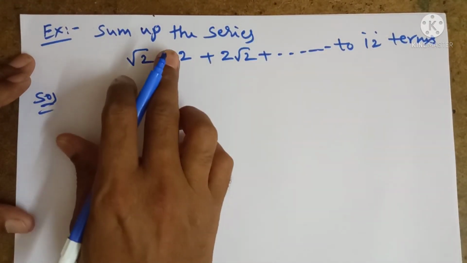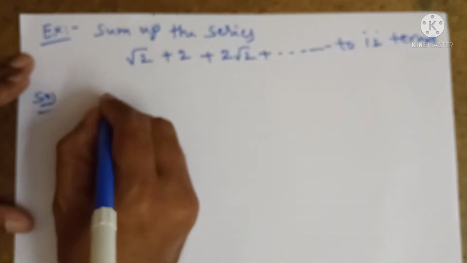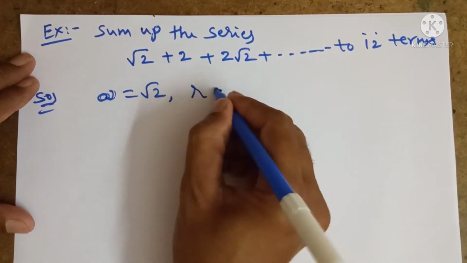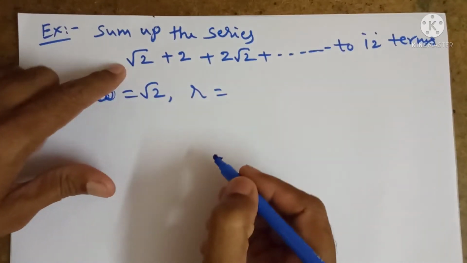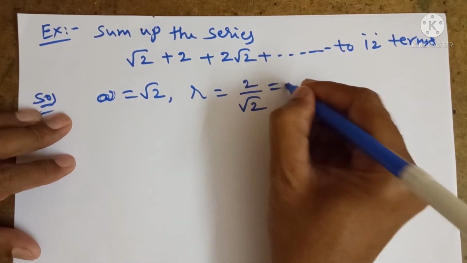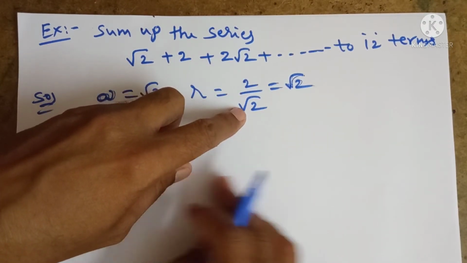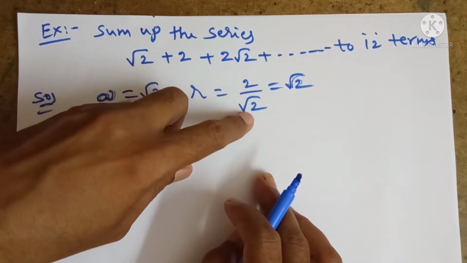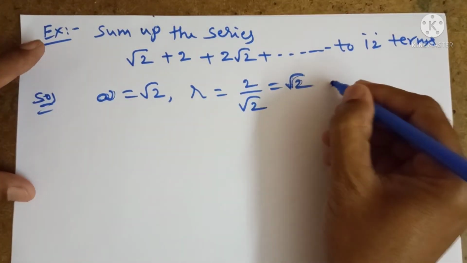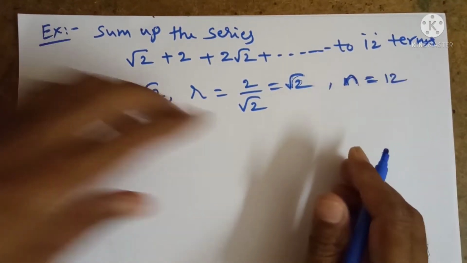The first term a is equal to root 2. R is equal to the second term divided by the first term, 2 by root 2. This is equal to root 2 because numerator and denominator root 2 cancel. N is equal to 12 because it is up to 12 terms.